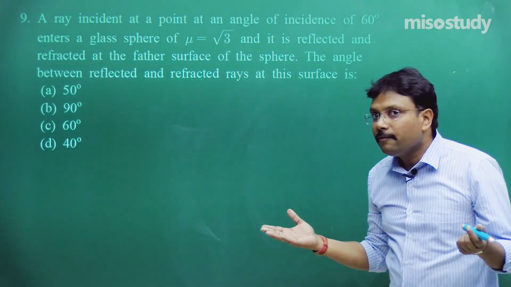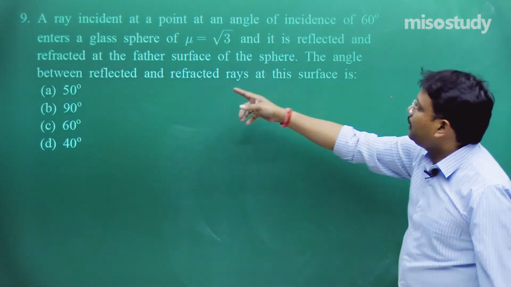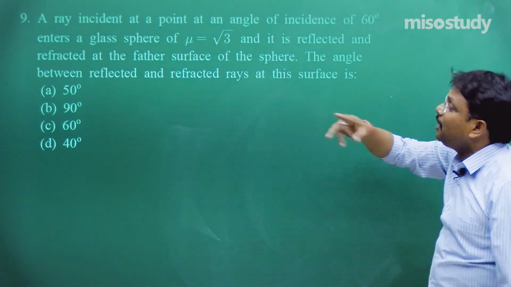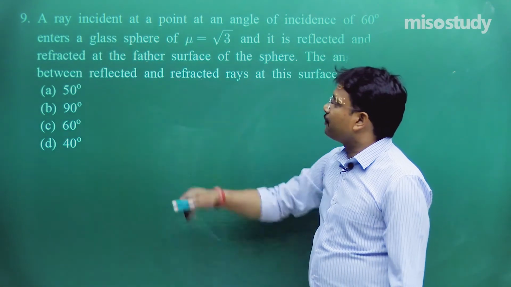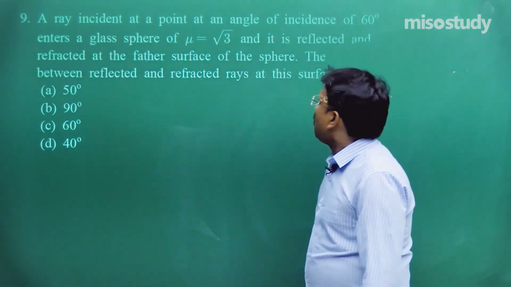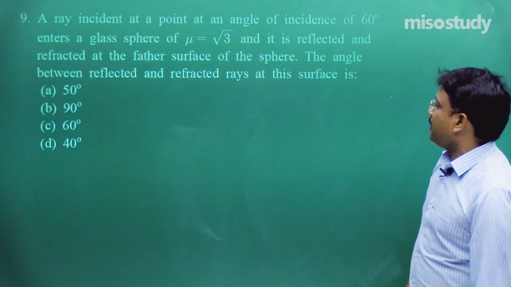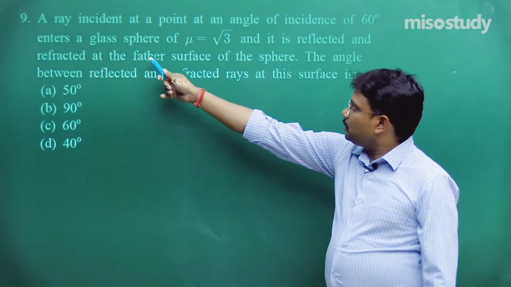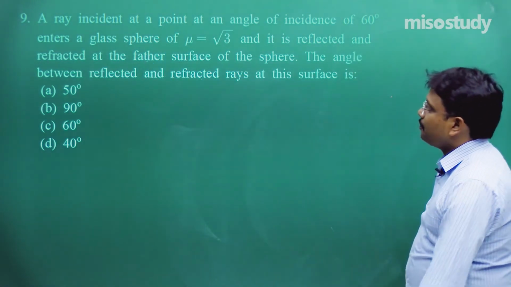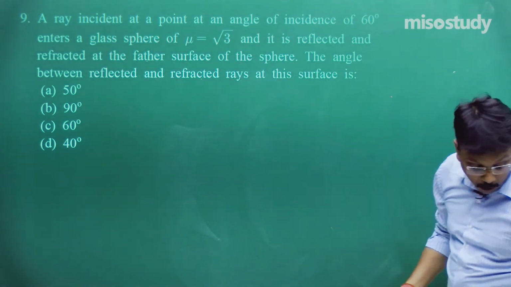You can easily find out the velocity of that light in that particular slab, and it is reflected and refracted at the farther surface of the sphere. The angle between reflected and refracted rays at this surface is how much? It's just a simple typing mistake, fine.